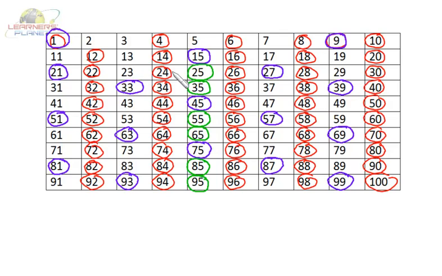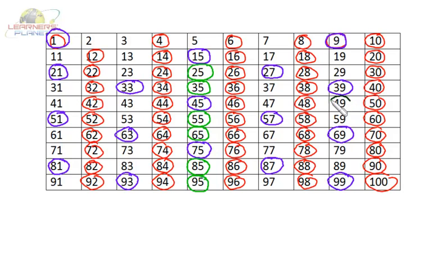Then 28 is already circled. 35 is already circled. 42 is already circled.